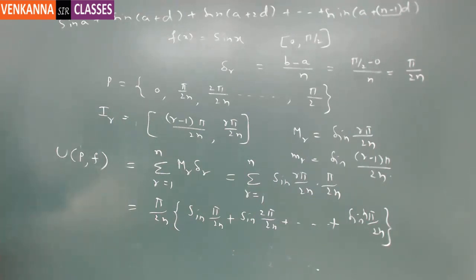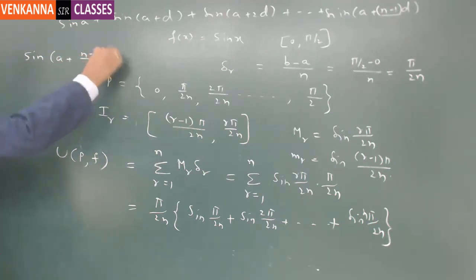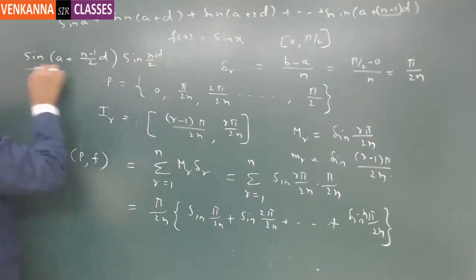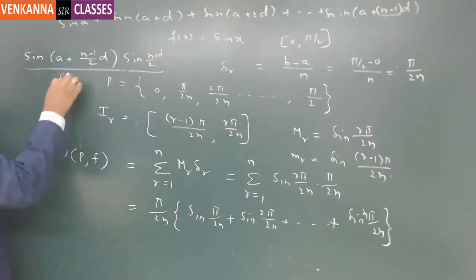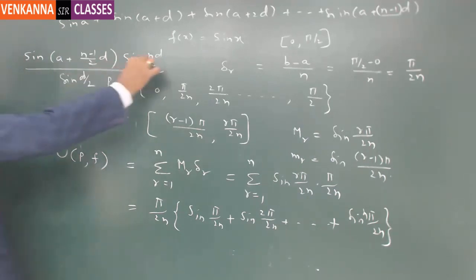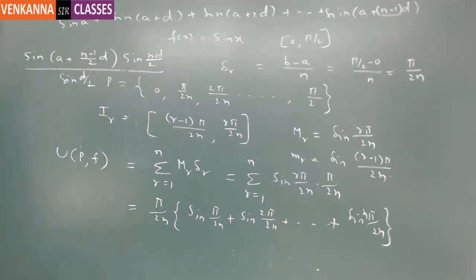If it is not known to you, then the formula will be like this: sin of A plus n minus 1 by 2 into D, into sin nD by 2, whole divided by sin D by 2. This was the formula. Please take a note of this. Then you are going to substitute the values here.